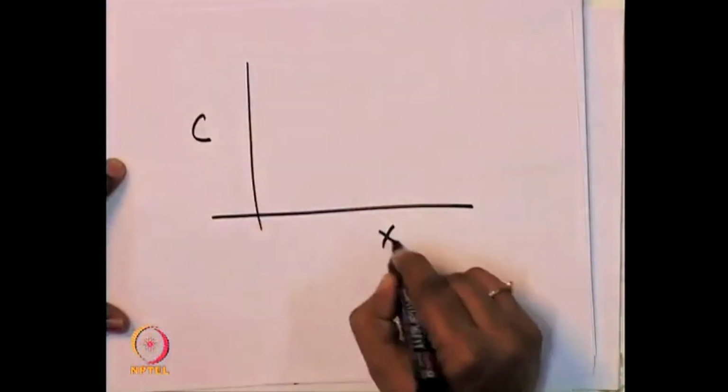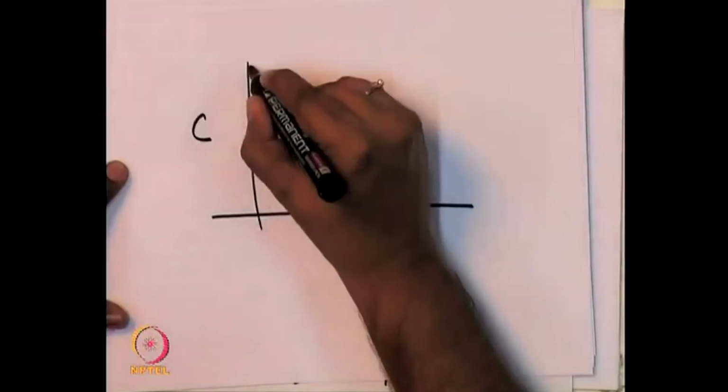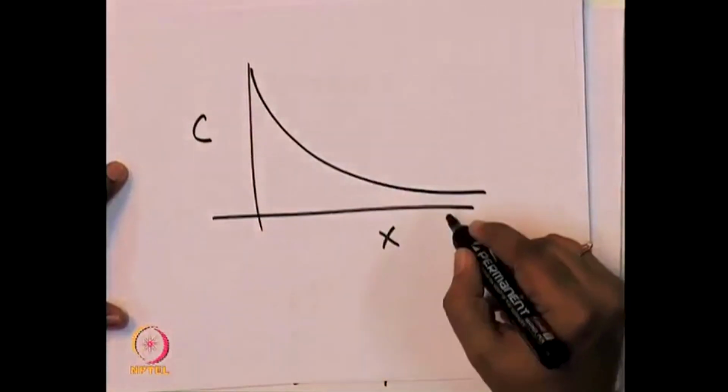If you put some objects into water, they will fall down because gravity is attracting them down. So the concentration of anything will be more at the bottom and less at the top. If you plot the concentration as a function of the distance from the bottom, you will see some exponential relation.